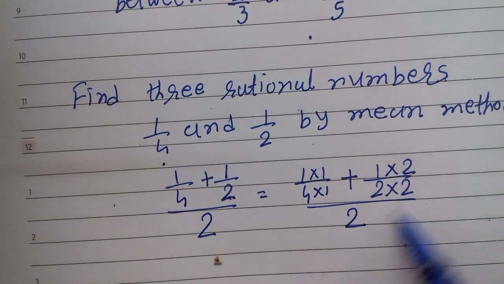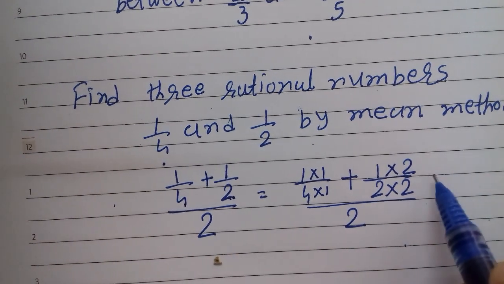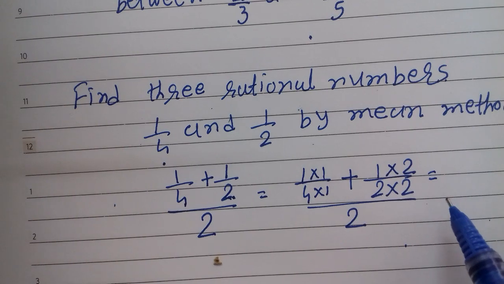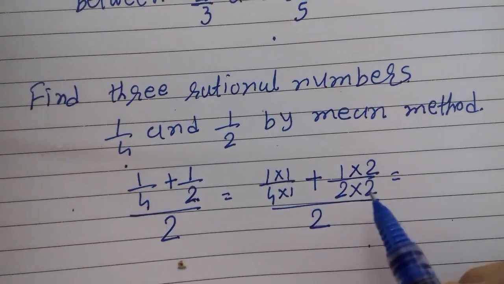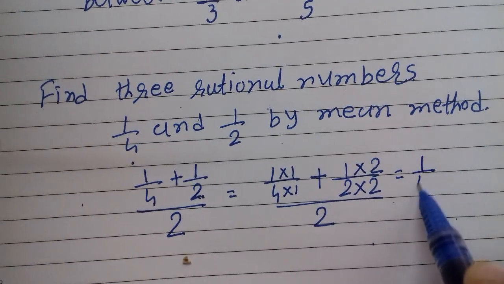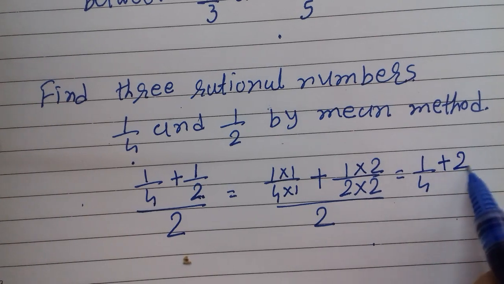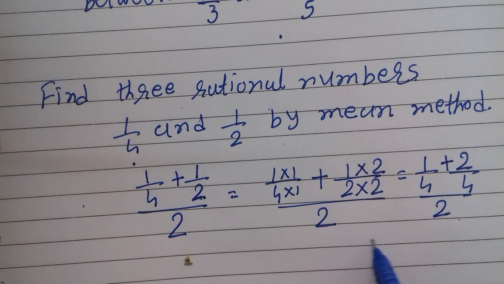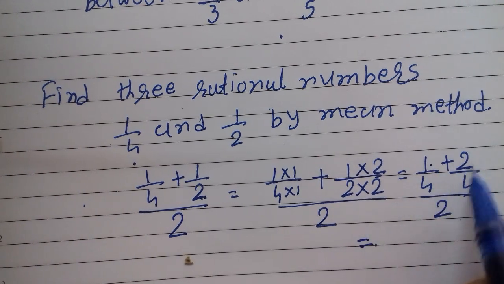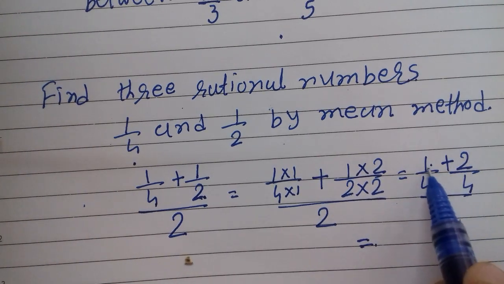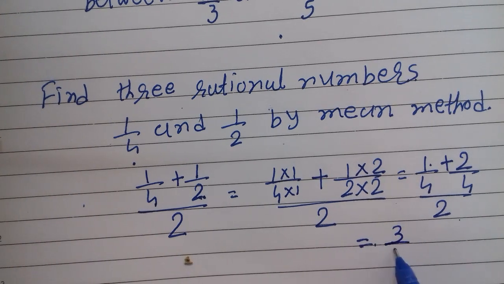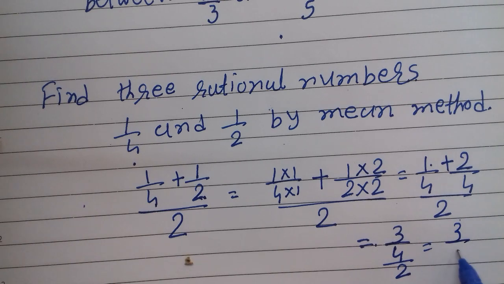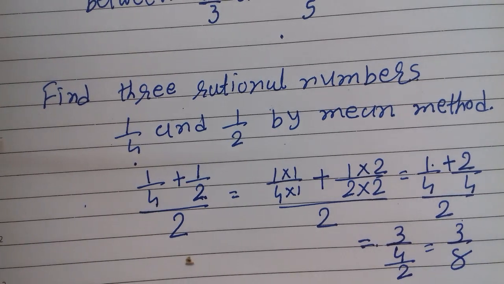So (1/4 + 2/4)/2 is equal to, the denominators being the same, (1 + 2)/4 divided by 2, which is (3/4)/2 = 3/8.